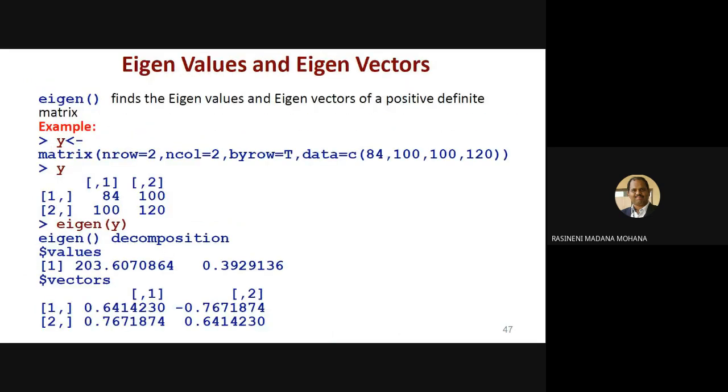Now the last concept in matrices: how to find eigenvalues and eigenvectors. In R this is also possible by using the command eigen, which finds the eigenvalues and eigenvectors of a positive definite matrix here also.